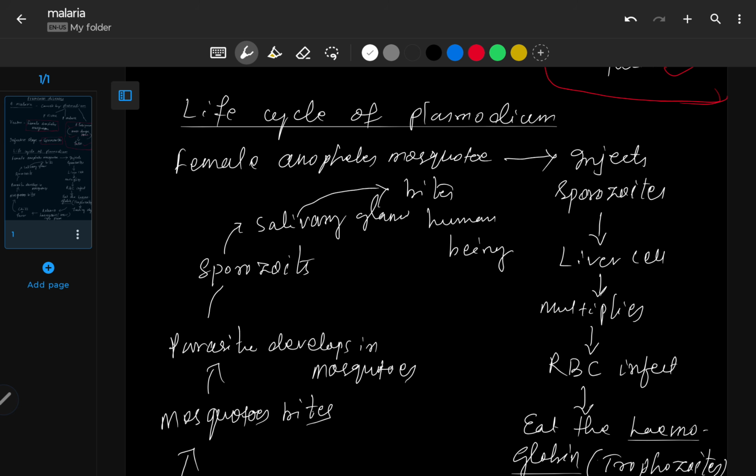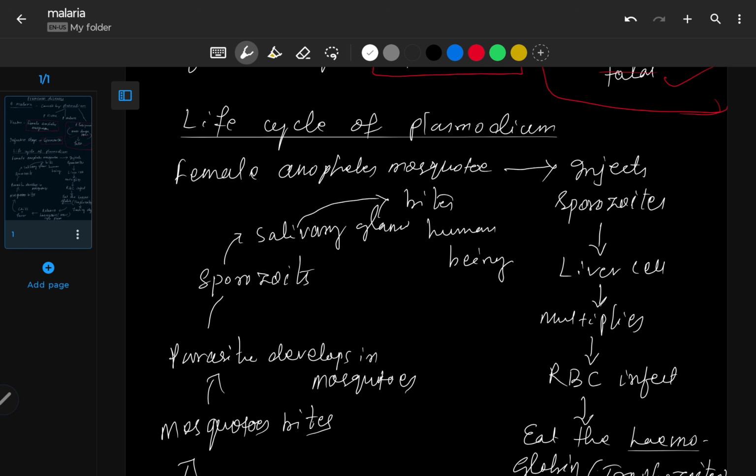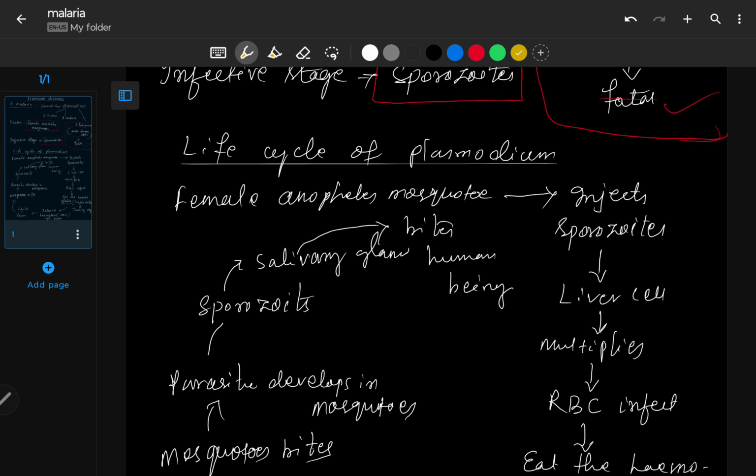Now this is the flow chart. I have given you the flow chart, so as per your convenience, whatever I am saying, you can write in the bracket. The female Anopheles mosquito must be containing the sporozoite in its salivary gland.